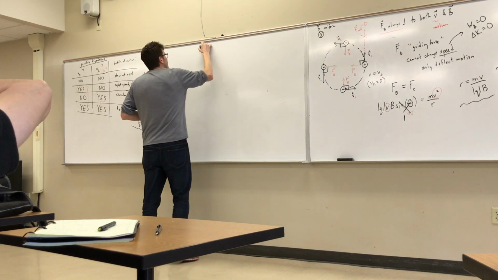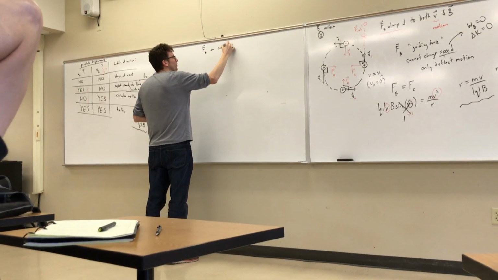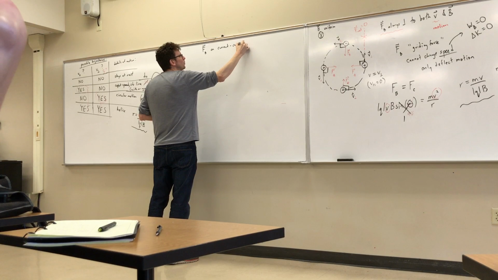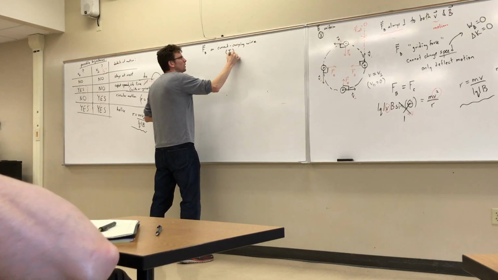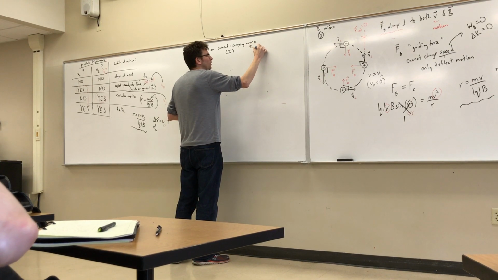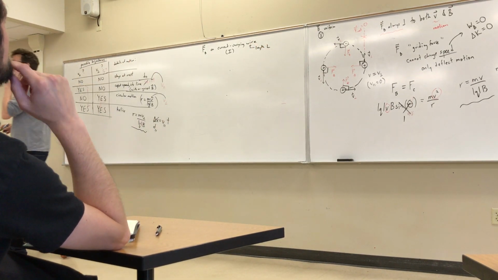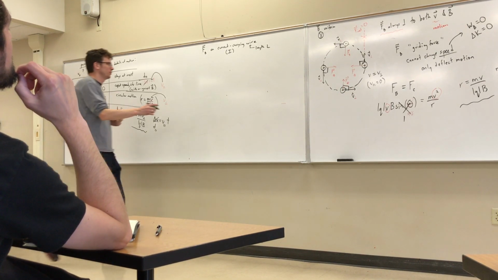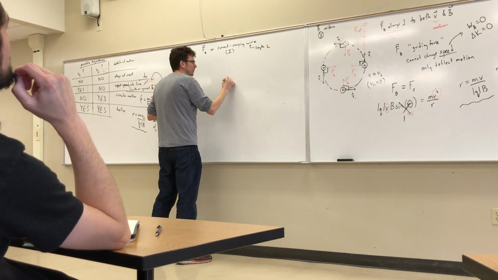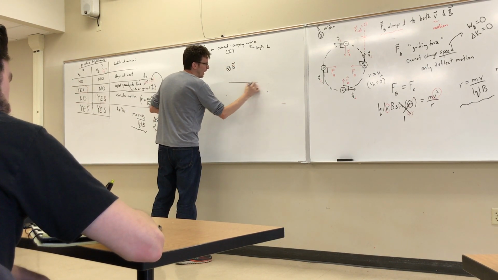So the next one is going to be the magnetic force on a current-carrying wire. The current will be I, and the length of the wire will be L. So let's do it. Let's say the magnetic field is, I don't know, into the page, and then we have a wire.